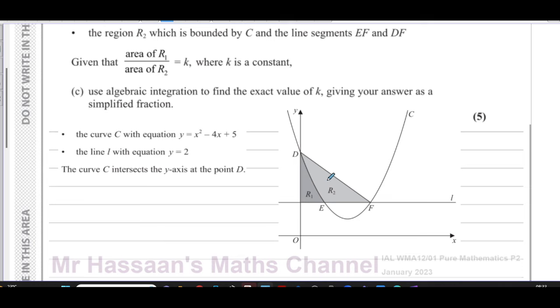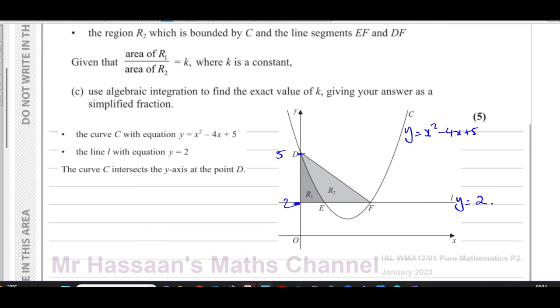We know the curve has equation y equals x squared minus 4x plus 5. This is the line y equals 2. This is the point where the curve cuts the y-axis.